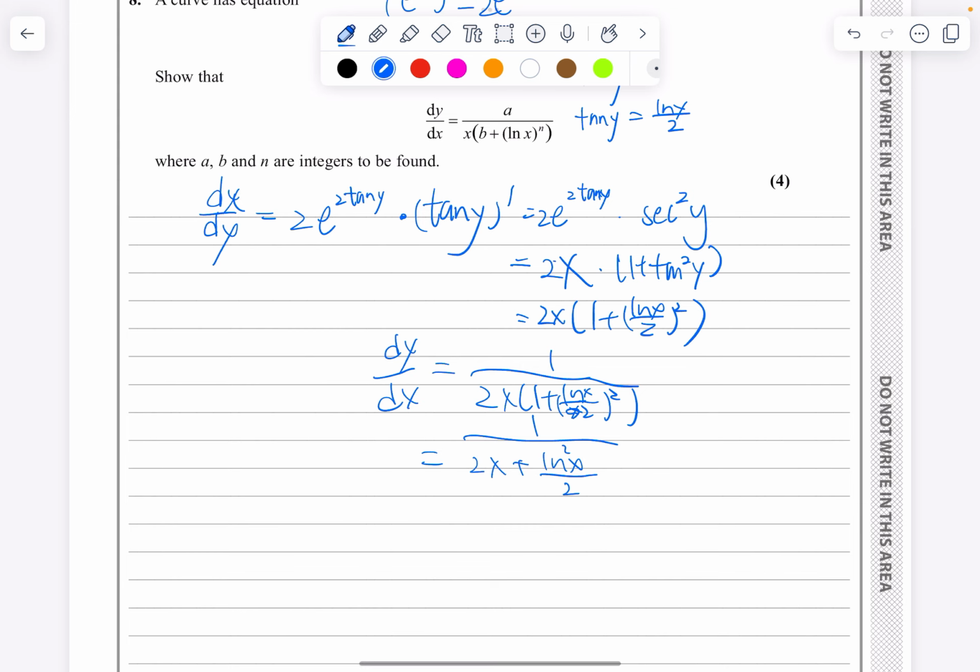That means we can multiply both up and down by 2. That would give us 4x plus x ln squared x, and then on top it would be 2. And then there should be an x here, and then we can take x out again because this question wants us to do it this way.